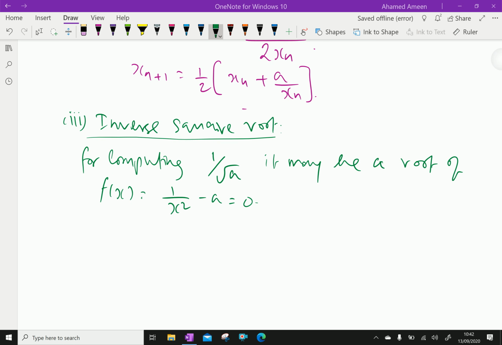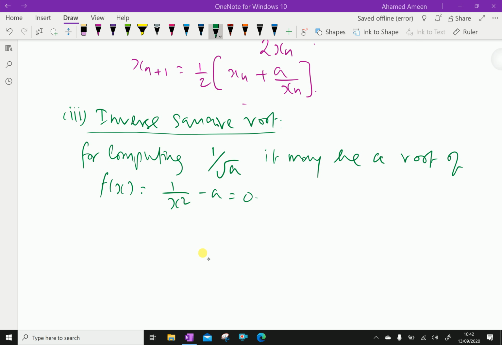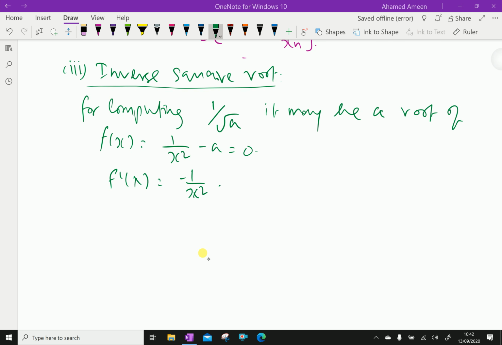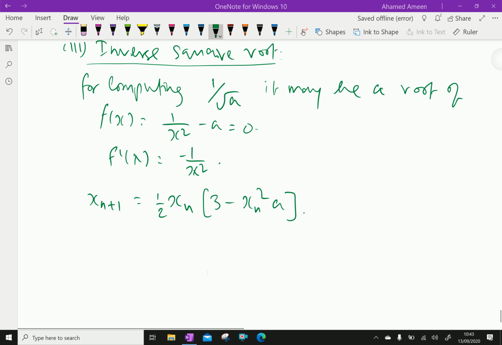Then from that find f dash of x equal minus 1 over x cube. Therefore, iterative formula x n plus 1 equal, after simplifying you'll get, x n (3 minus x n squared into a) over 2. This is the iterative formula for the reciprocal of the square root, the inverse square root.